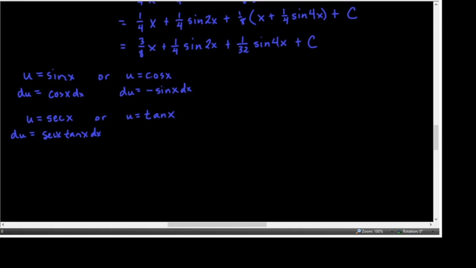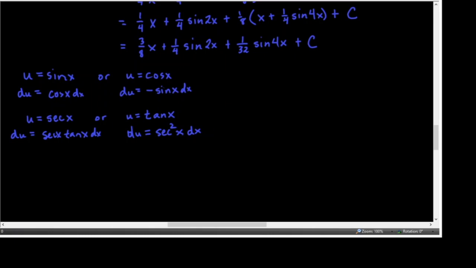Now, on the other hand, what's the derivative of tangent of x? Well, that's secant squared x dx, which means we're going to have two secants to be part of our du, not just a single one. So this complicates these problems slightly because of what we need.